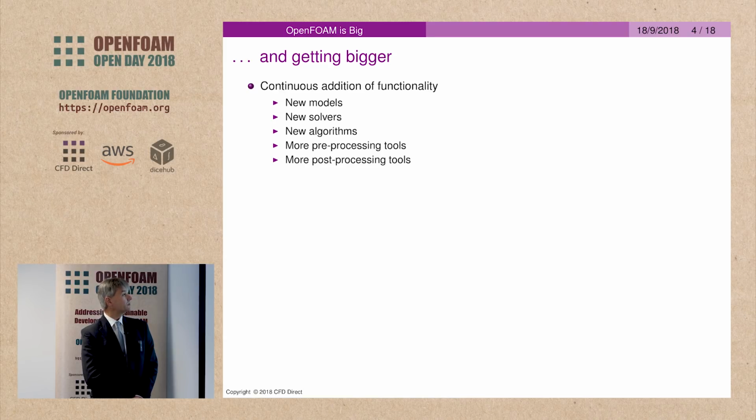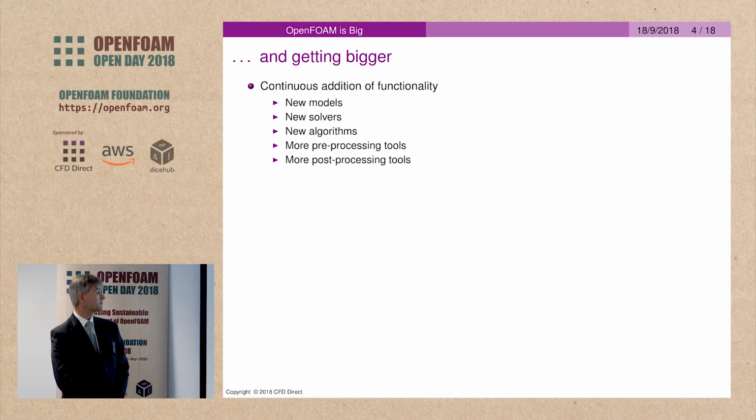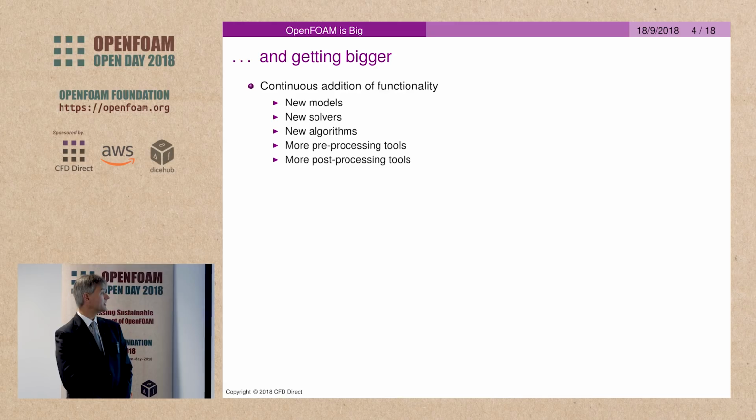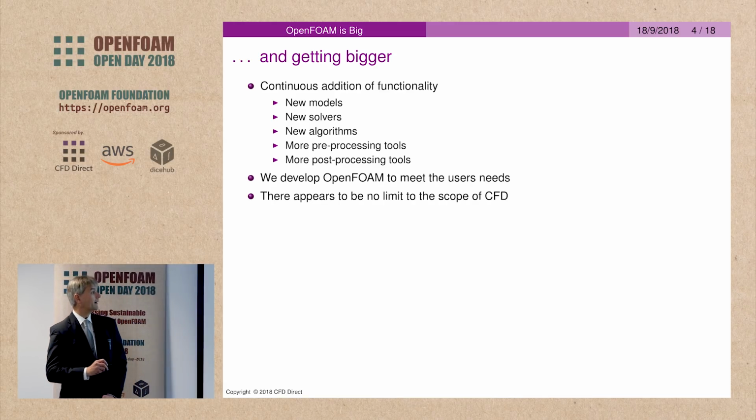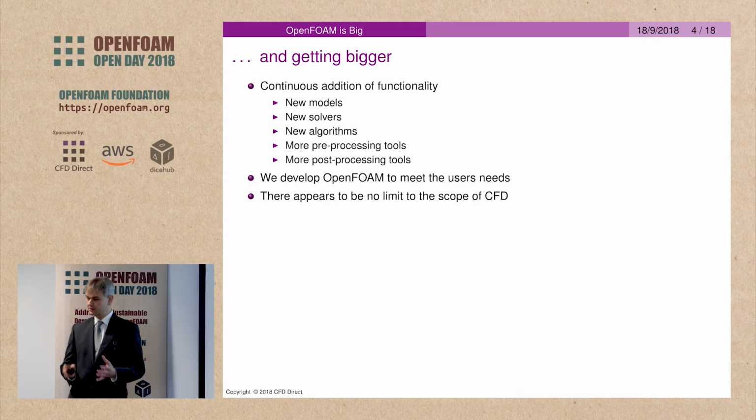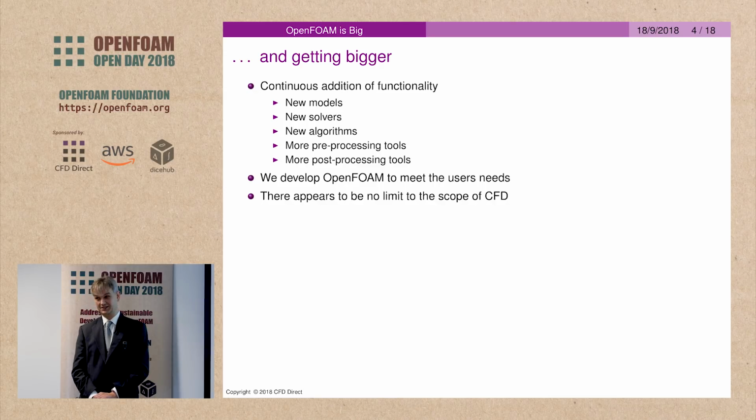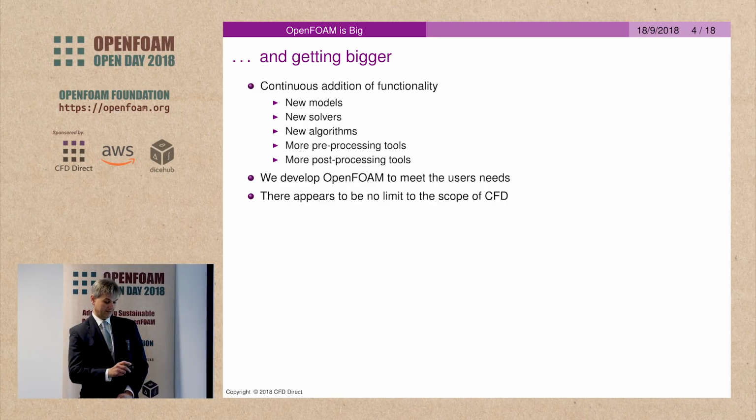So we have continuous addition of functionality, new models, new solvers, new algorithms, pre-processing, post-processing. And we continuously develop OpenFOAM to meet the needs of the users, and the users' needs keep changing, keep developing. There appears to be no limit.